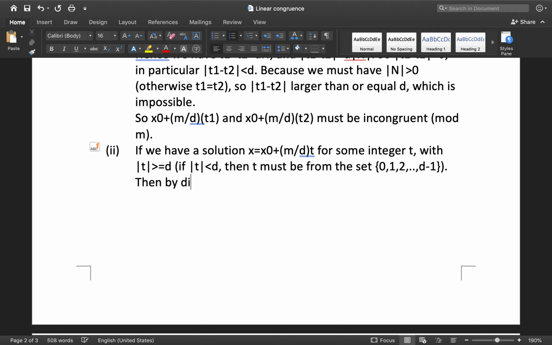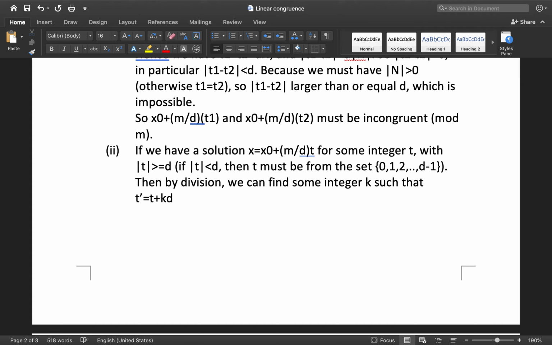By division, we can find some integer k such that this t prime is just equal to t plus kd.